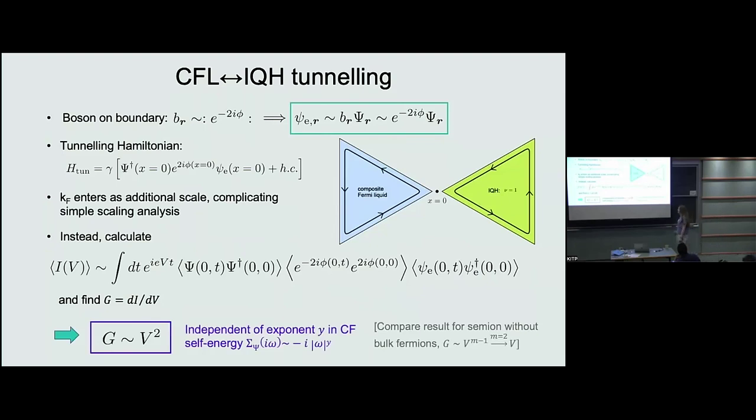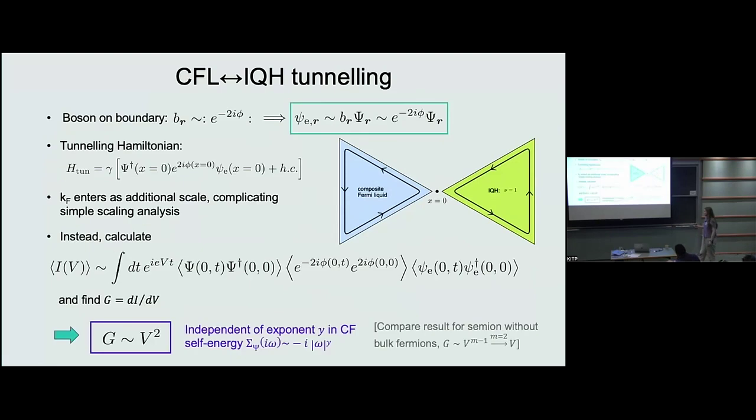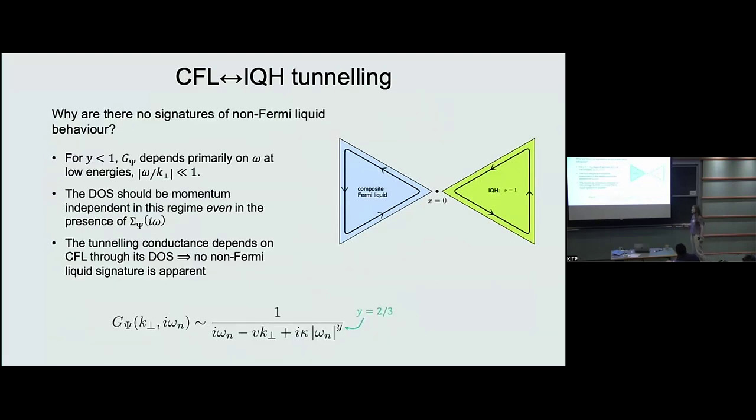Okay, but if you do that, what you find is that it just goes as v squared. And in particular, it doesn't depend at all on the fact that we have this self-energy that went as omega to the y. It doesn't care that there aren't actually quasi-particles in the system. We can try to understand this mostly based on the fact that the tunneling here, we expect it to be proportional to the density of states.